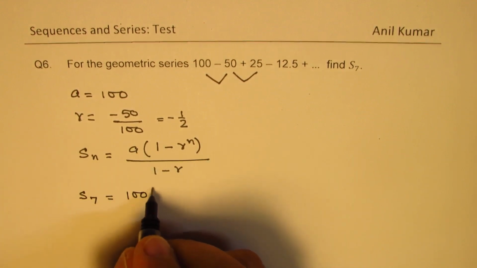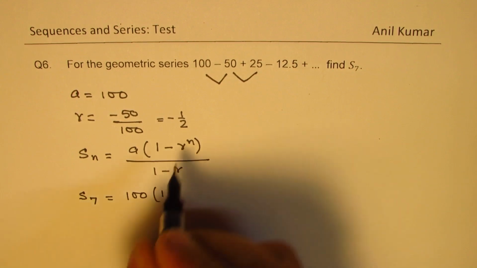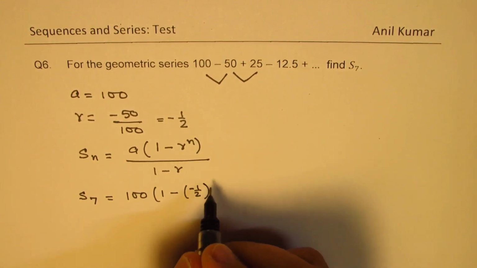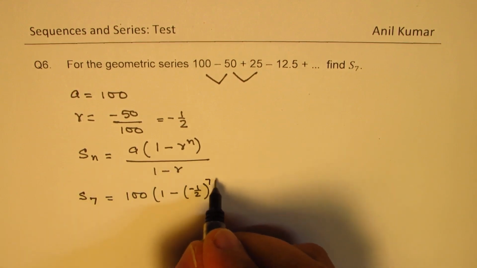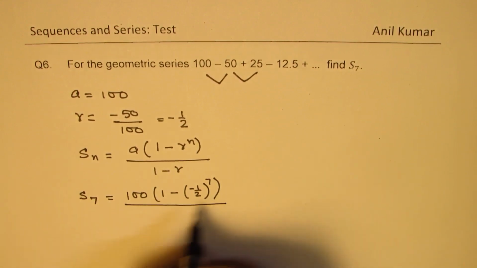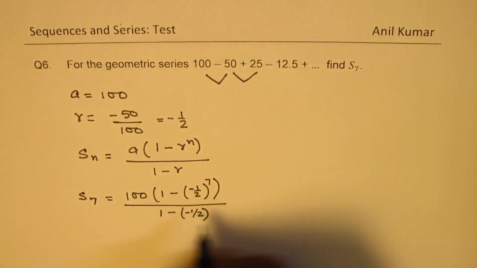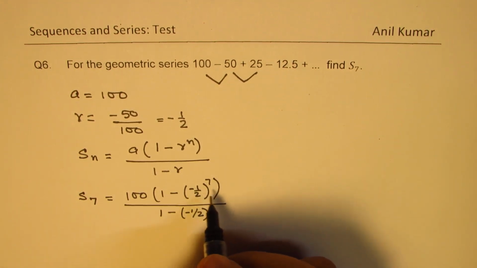A is 100 for us. 1 minus R, R is minus half, to the power of n, which is 7. We have 1 minus R, which is minus half. Correct? So that is how we can write it down.